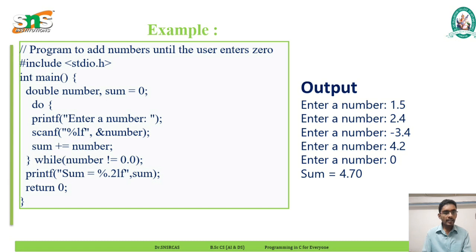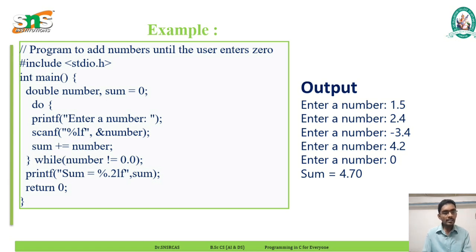Before that there is an initialization part, double number, sum = 0, and inside the do while statement there is a printf statement and a scanf statement which is used to give the input number, and the value of the number is added and assigned into the variable sum.